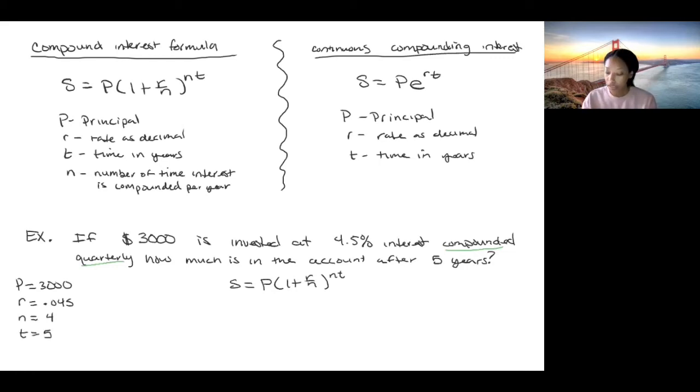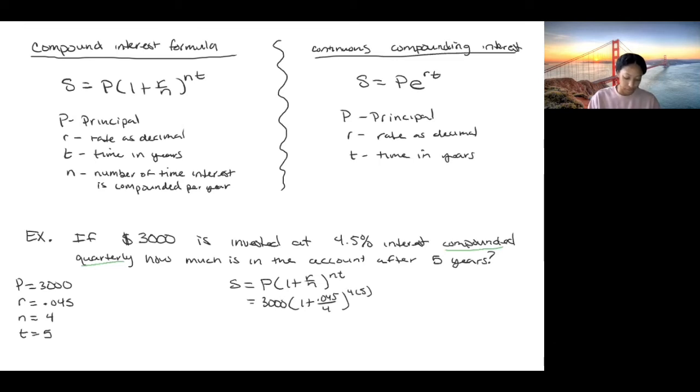Then we just plug this into the formula. 3,000 times 1 plus 0.045 over 4 to the 4 times 5 power.